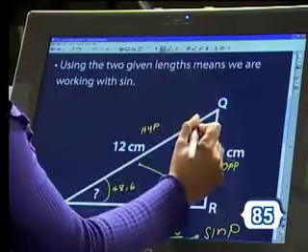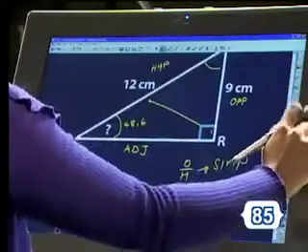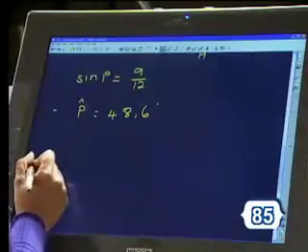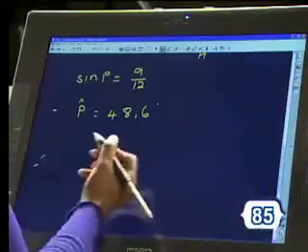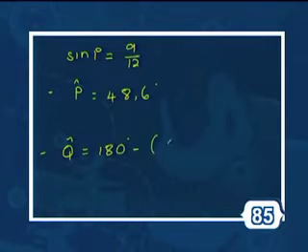So if I would like to work out the value of angle Q, what we can do is, using the fact that angles in a triangle add up to 180 degrees, angle Q would be equal to 180 degrees minus the sum of the two angles that we are given, which is the 90 degrees and the one that we just worked out, which is 48,6.